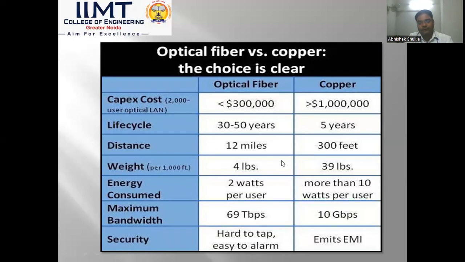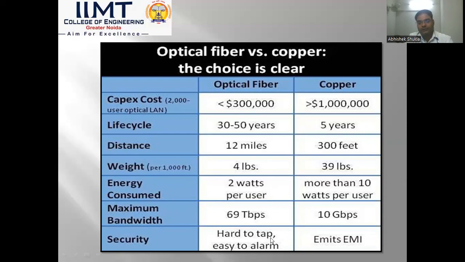Weight is always low with respect to copper wire. Energy consumption requires only 2 watts or maybe less, and for copper wire it is more than 10 watts per user. A maximum bandwidth is around 69 terabytes per second, compared to 10 gigabytes per second.